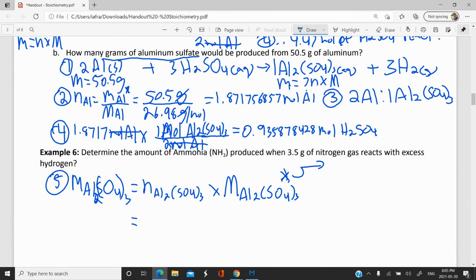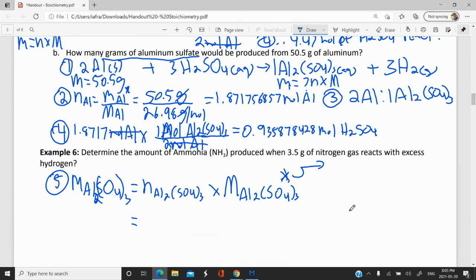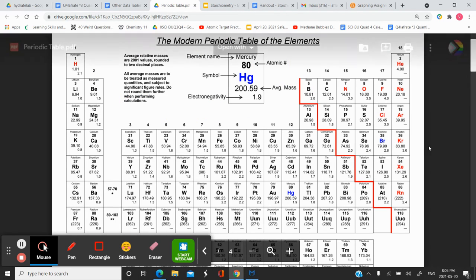And so when you use your periodic table, we have 2 aluminums. So let's go to a periodic table here. 2 aluminums, which is right here.